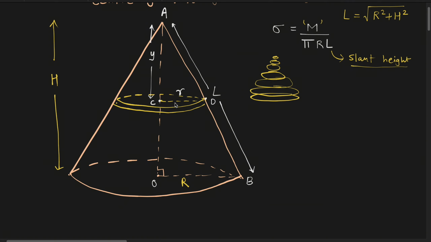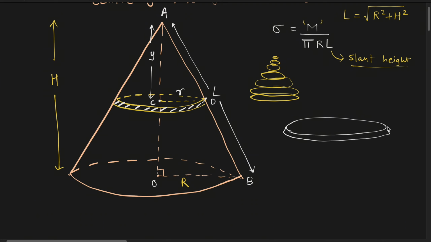Now I am going to find the center of mass of this small ring, which has a very small thickness. If I draw it over here, it will look something like this, with a slant height like this.